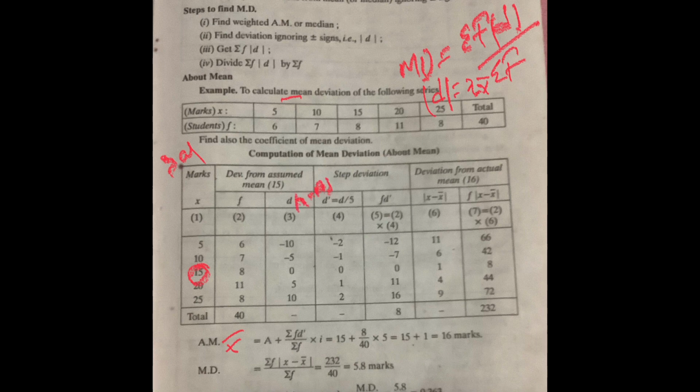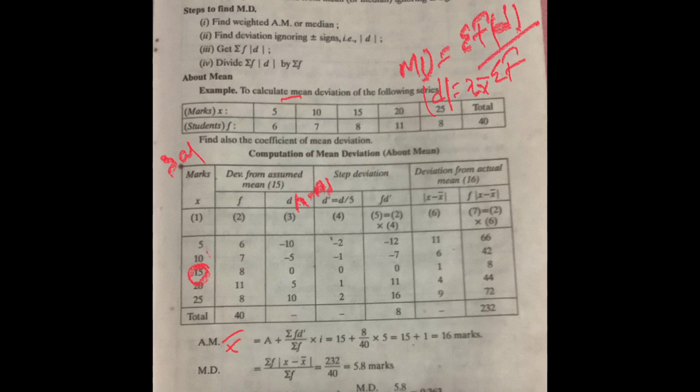First x is 5, and our assumed mean is 15. When you deduct 15 from 5 it will be minus 10. We are not ignoring plus minus because we are not finding d modulus, we are just finding d. Likewise 10 minus 15 is minus 5, 15 minus 15 is 0, 20 minus 15 is 5, 25 minus 15 is 10.